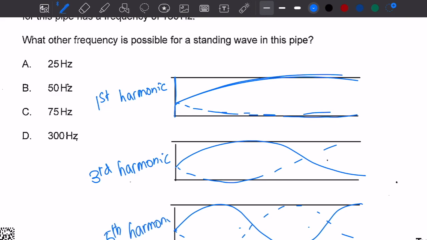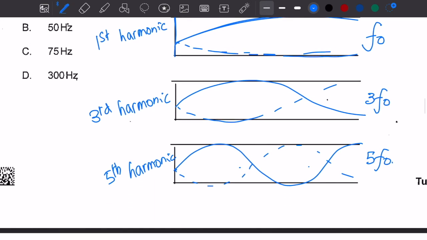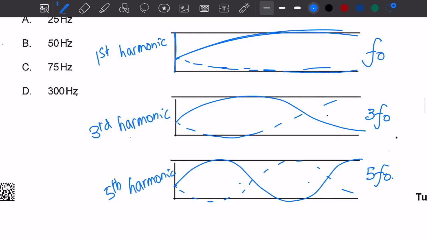Or in other words, you can say if this frequency is f0, this is 3f0, this is 5f0, like that. Only odd harmonics are produced by a one side closed tube, right? So f0, 3f0, 5f0, like that.